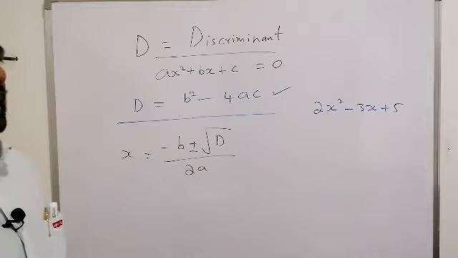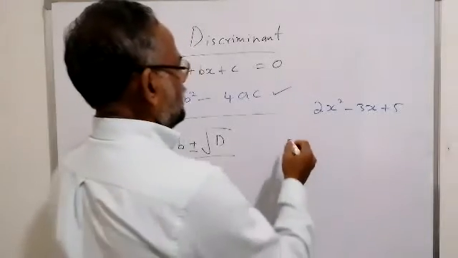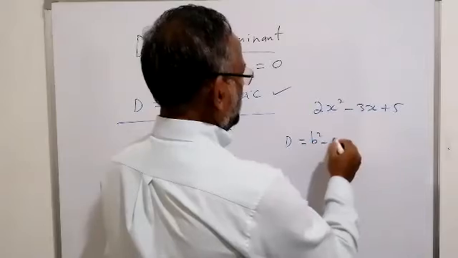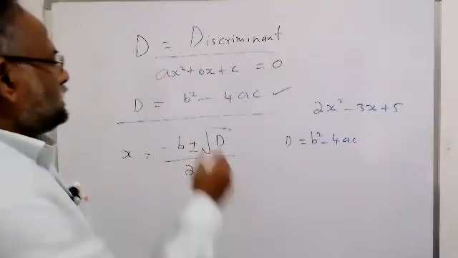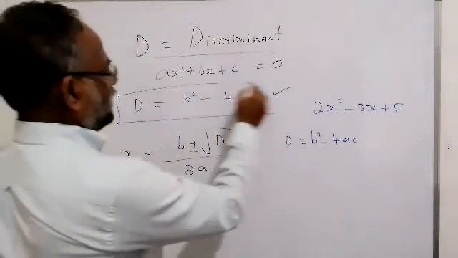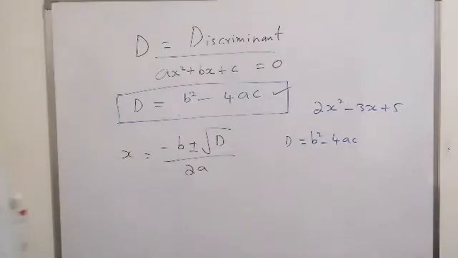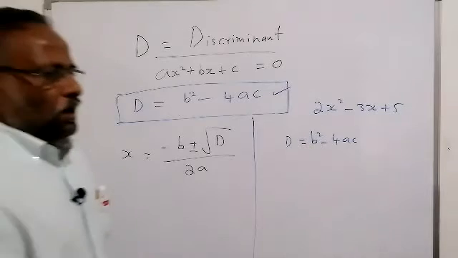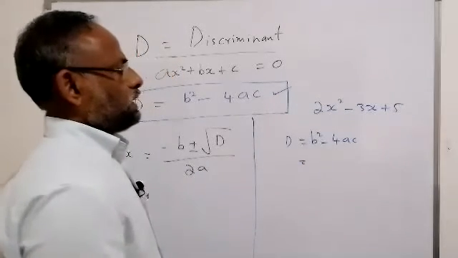You can find out the D here. Can you? Yes, you can try. D is equal to b square minus 4ac. We studied the formula now. Substitute the value of b.